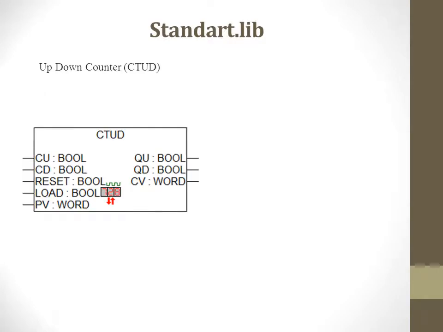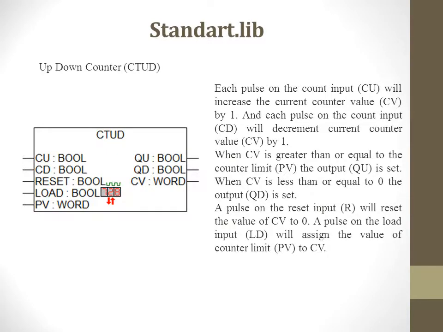In this set of function blocks we have another one, the up down counter. Also we call it universal counter. This is the designation, and we discuss its functionality. Each pulse on the count up input will increase the current count value by 1, and each pulse on the count down input will decrement the current count value by 1.